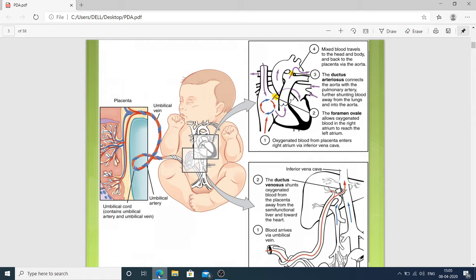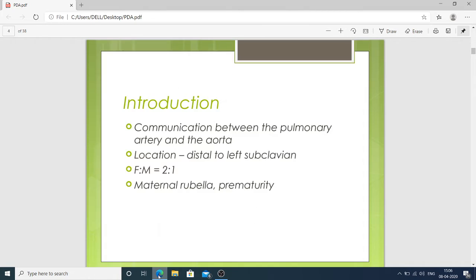If the closure of the ductus arteriosus does not occur even by 2 to 3 weeks of age, it is known as patent ductus arteriosus. It helps in systemic circulation in fetal life, but it is abnormal when the baby is born.